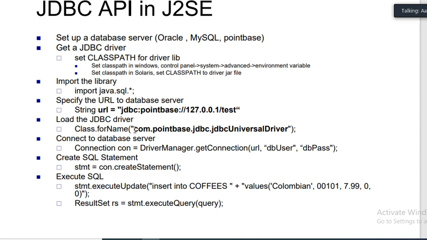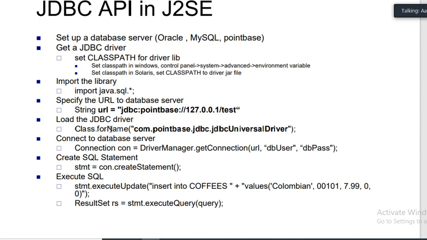The driver string will also be different for different servers and databases. Then you need to create a connection. For Postgres you will have a different package and a different driver name, and the URL will also be different.